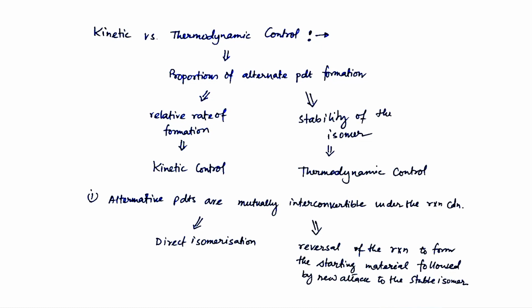Okay. So how can it happen that alternate products are mutually interconvertible under the reaction condition? One possibility is direct isomerization. First you form the kinetic product, which directly isomerizes or does something to convert into the thermodynamic product.